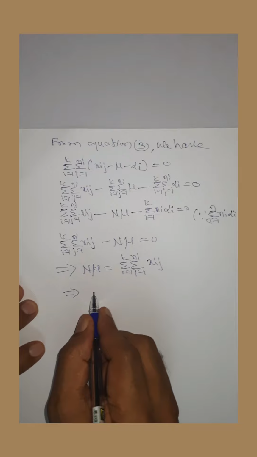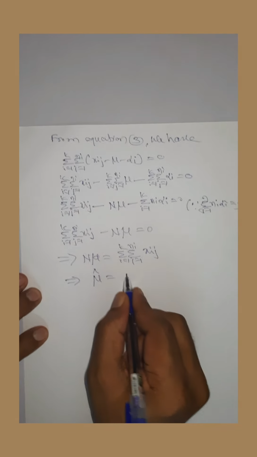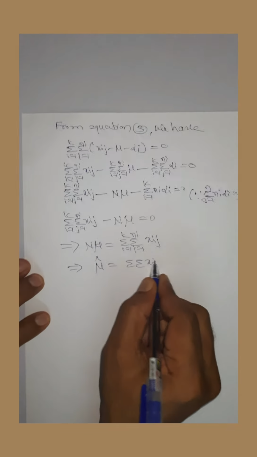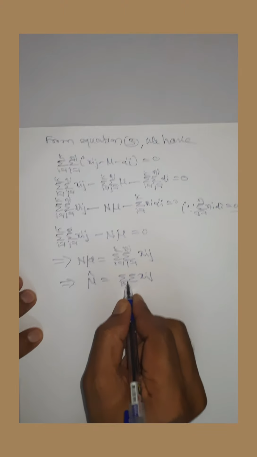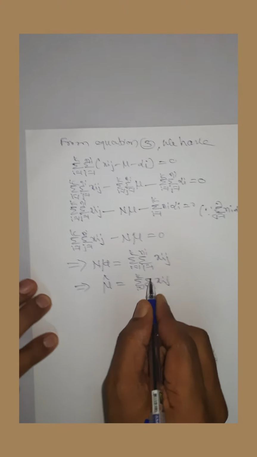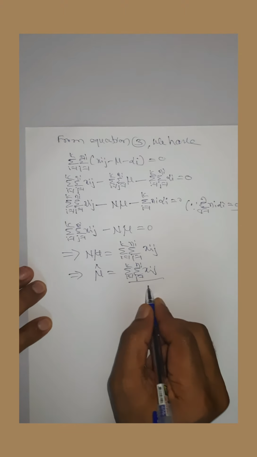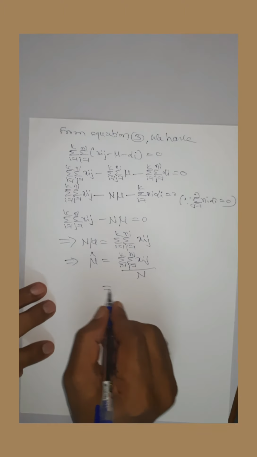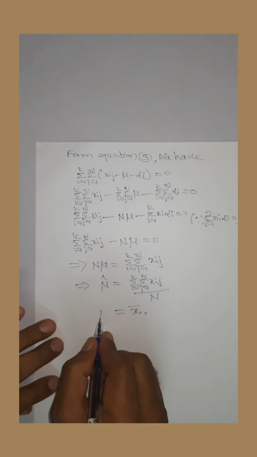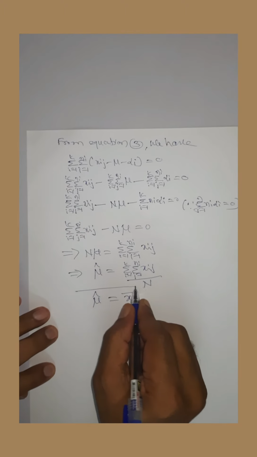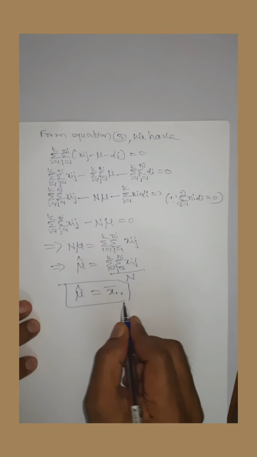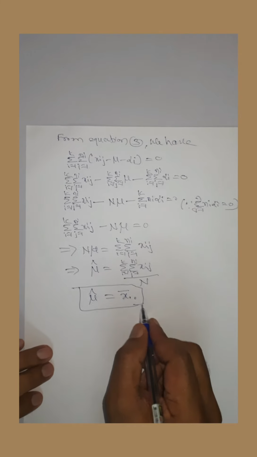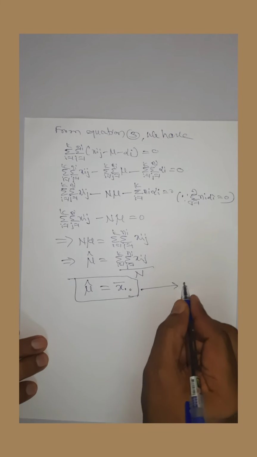This implies mu cap is equal to double summation xij, i equals 1 to k, j equals 1 to ni, divided by capital N. This is equal to x bar dot dot. It is called mu cap, mu cap means estimated value. That is equation number 5.